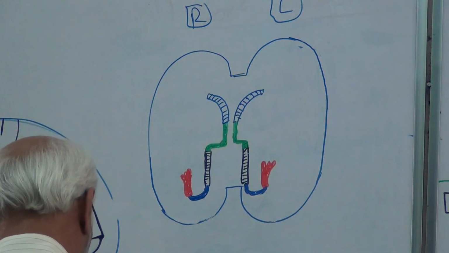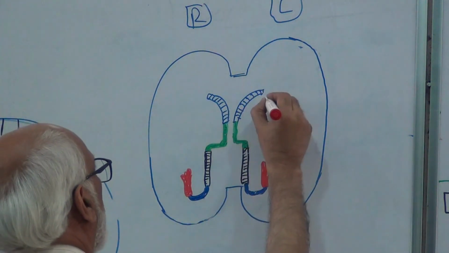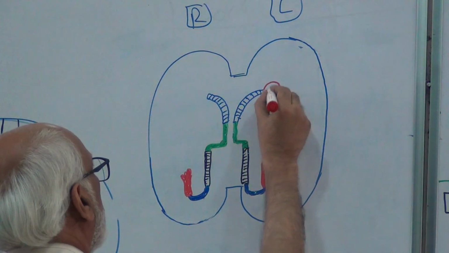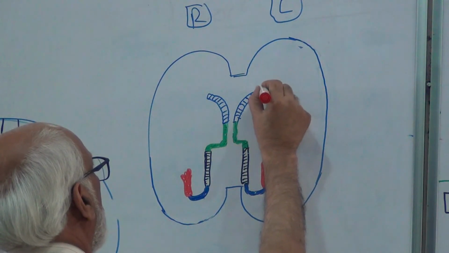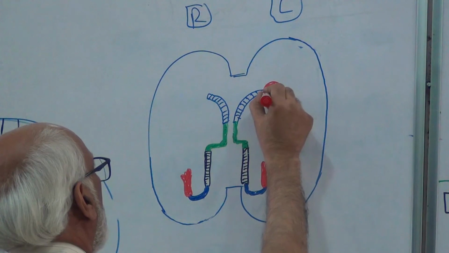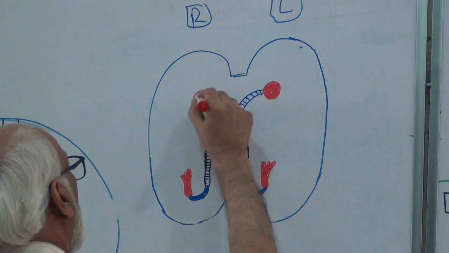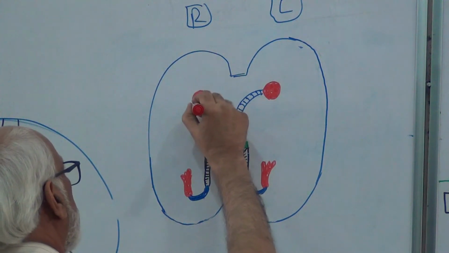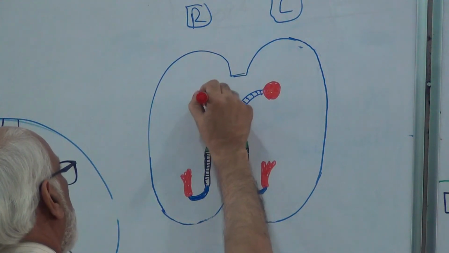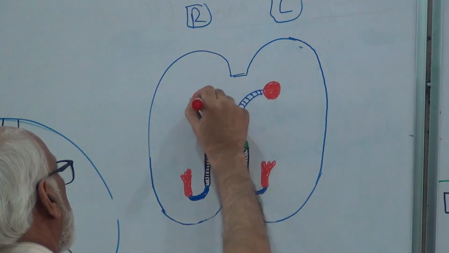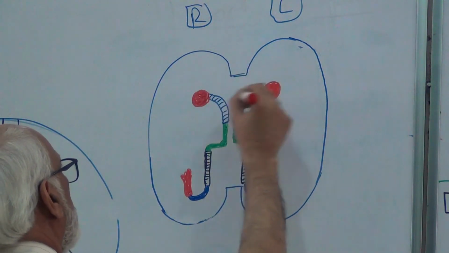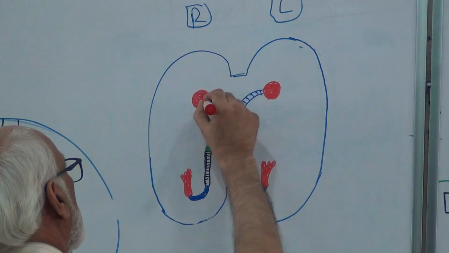At the column of the fornix lie the mammillary bodies. Mammillary bodies, right and left, can be seen on the basal surface of the cerebrum, and these are parts of the hypothalamus.